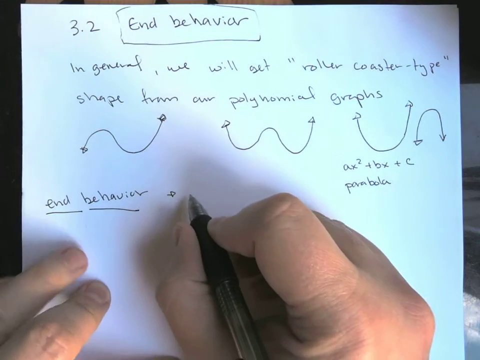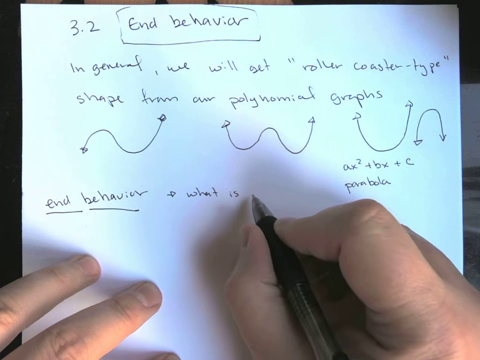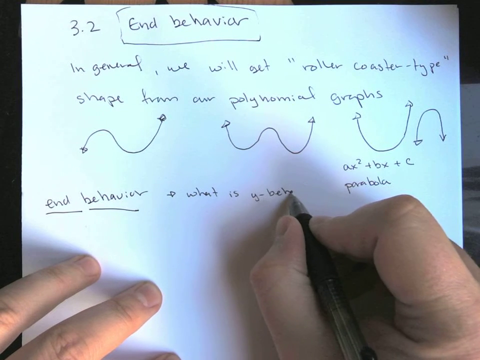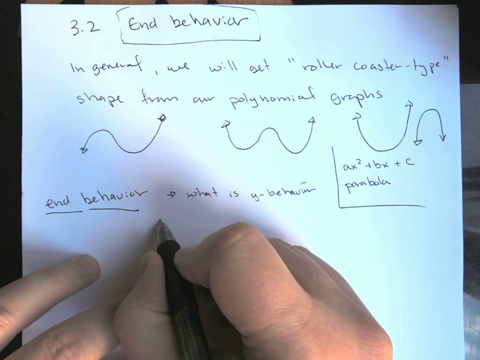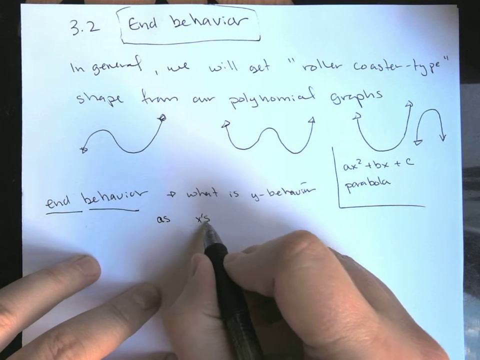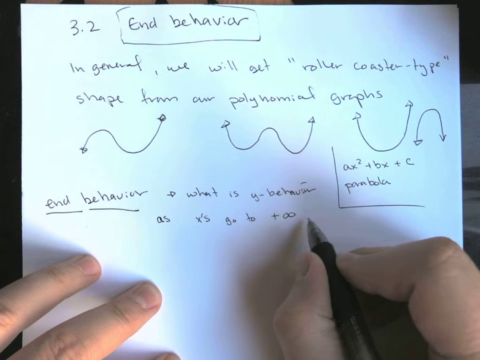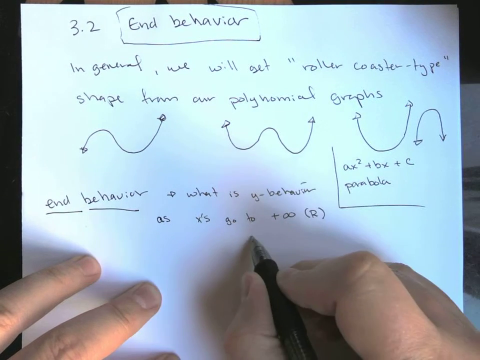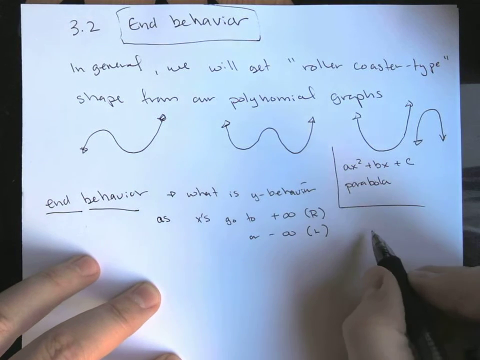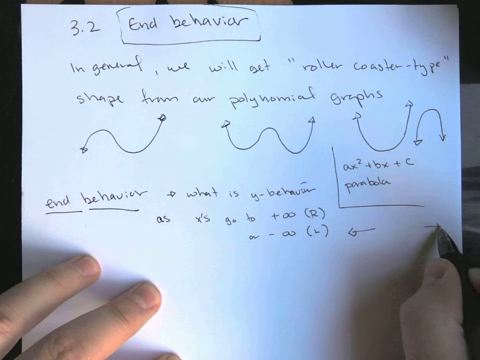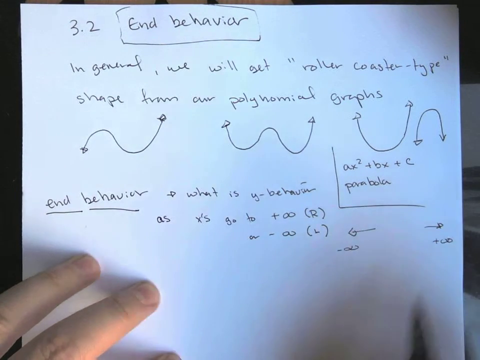What is the y behavior as the x's go to positive infinity, which is to the right, or negative infinity, which is to the left? As your x values go out to the left and out to the right, what is your graph doing?